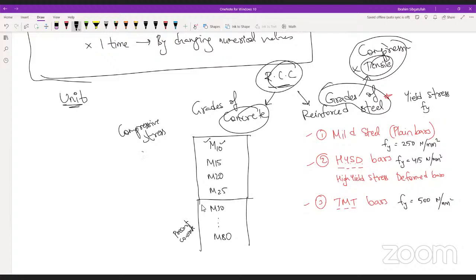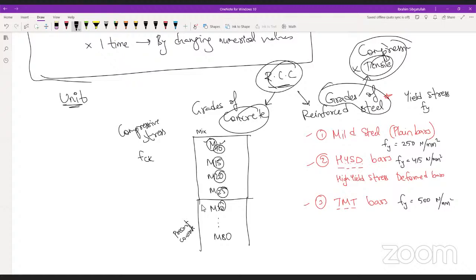Compressive stress is denoted as Fck. When it comes to M10 grade, M means mix, and this number 10, 15, 20, 25, 30, and so on, represents the compressive stress which that mix can handle.